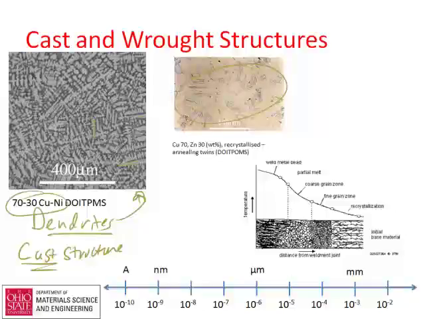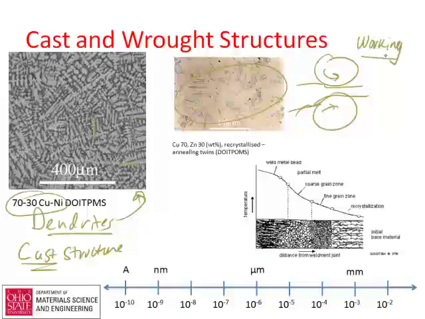You basically can break up those dendrites, and if you take a material and deform it by some process like rolling, for example, we've got big powered rollers like this. If something comes in like this and out the other end, this is what we'd call working the material, and the past tense of working, almost forgotten now, is wrought.